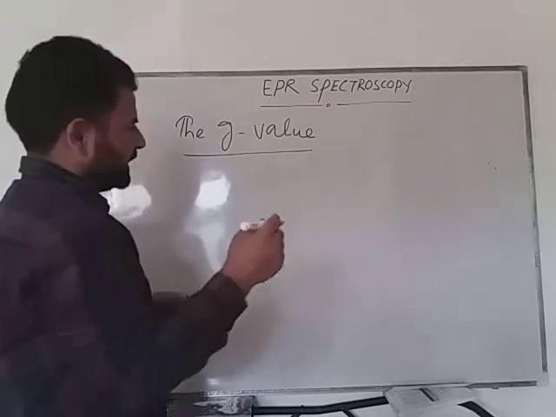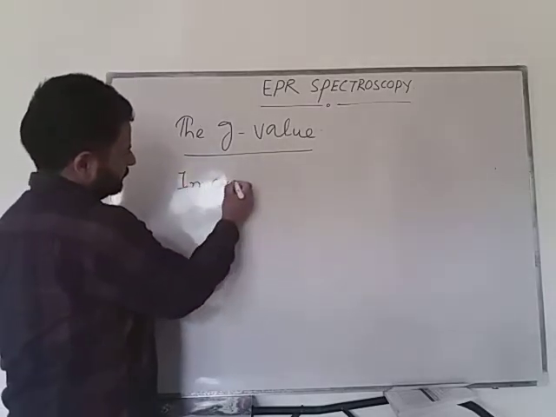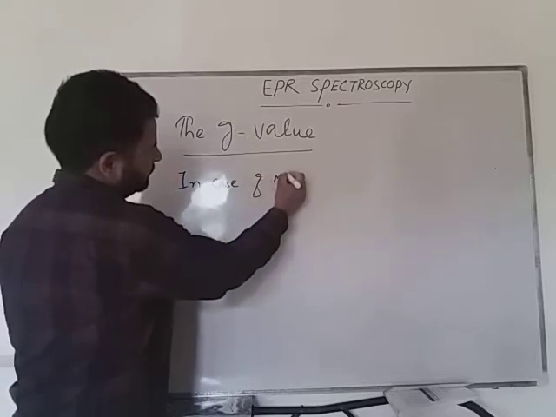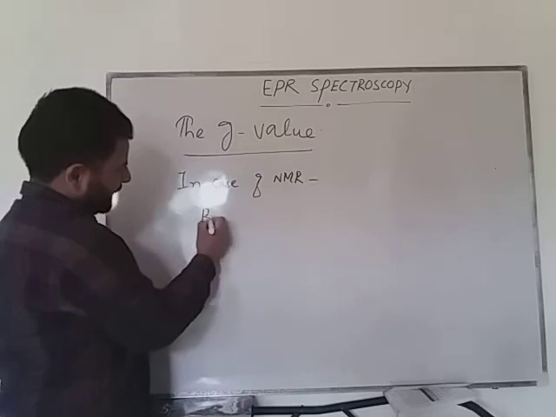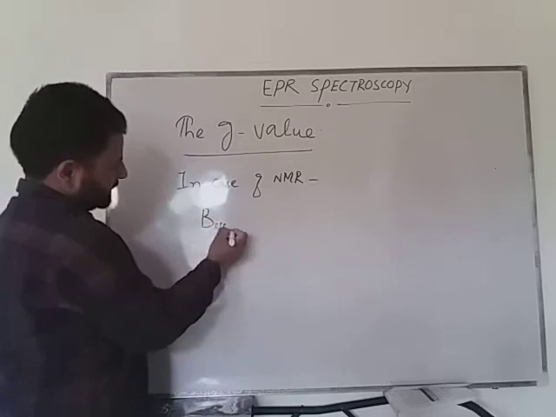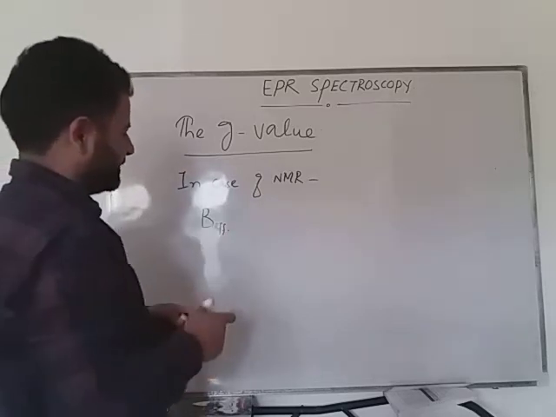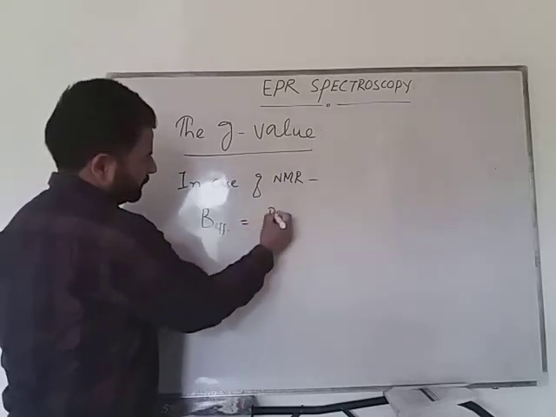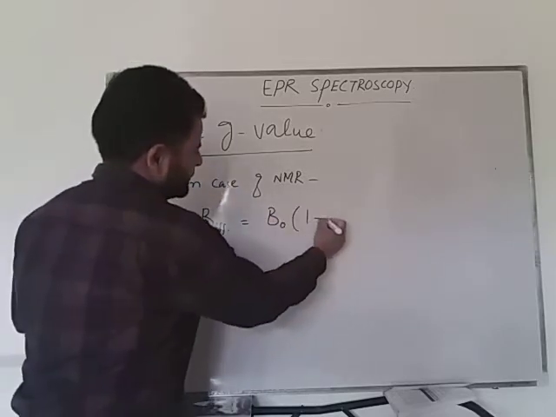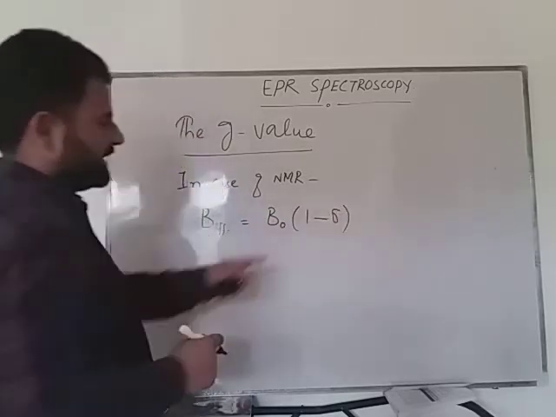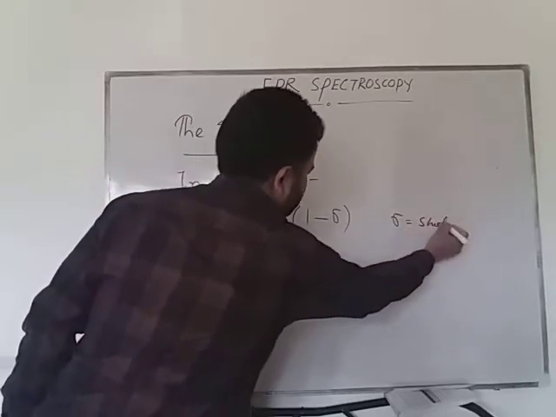So what we see in case of NMR, we write that B effective, that means the effective magnetic field which is actually felt by the nuclear spin, is equal to the actual applied field, that is B naught, into 1 minus sigma, where sigma is the shielding factor.